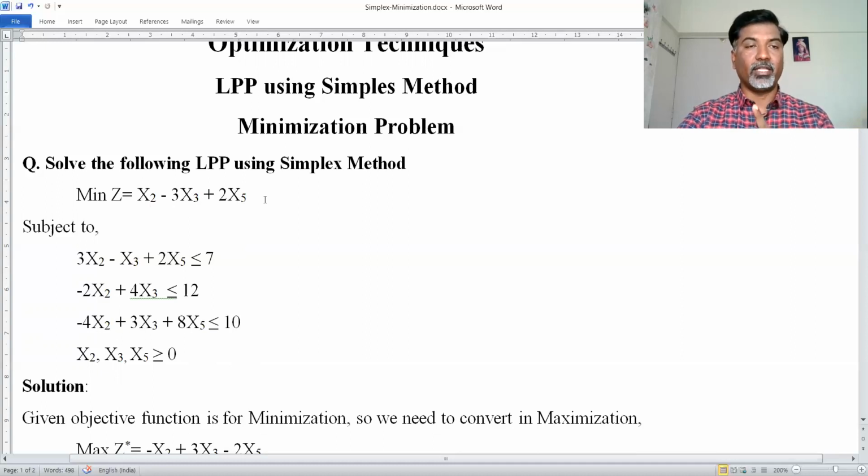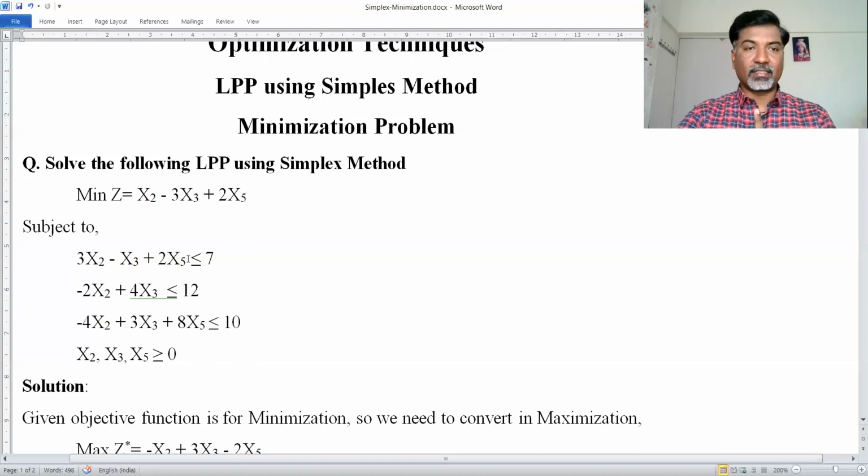Basic variables are the variables which are in the objective function. The coefficients are 1, -3, 2; the value 1 is not written, but by default it is 1. These are called the coefficients of the basic variables.